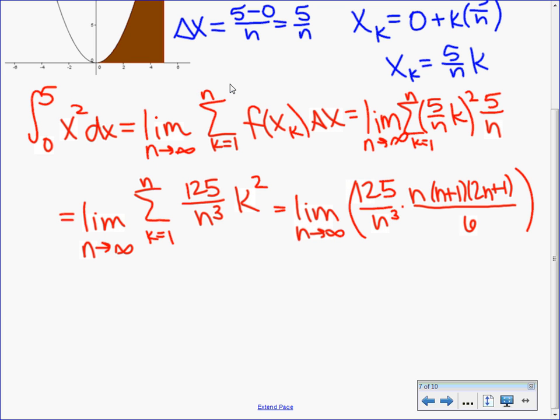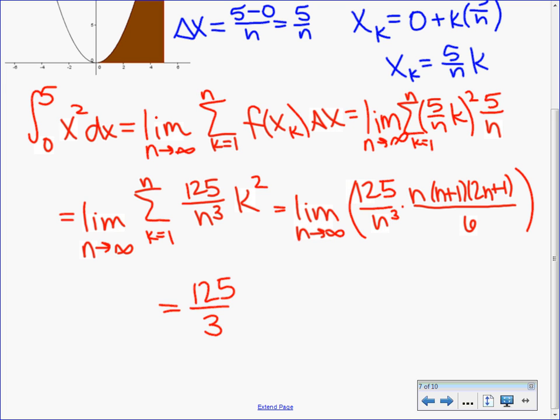Okay? So now let's talk about this limit. Do you agree we have n cubed upstairs and we have n cubed downstairs? So if we're looking at the limit towards infinity, we're looking at the horizontal asymptote, which is going to be the ratio of the coefficients, which is 250 over 6, or 125 over 3.